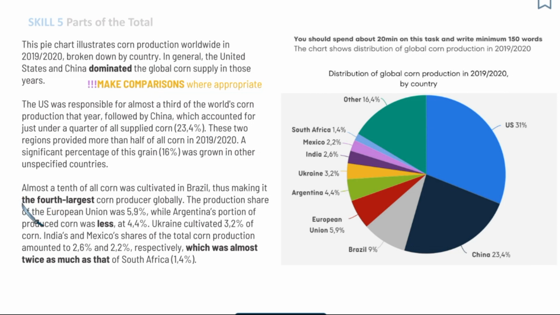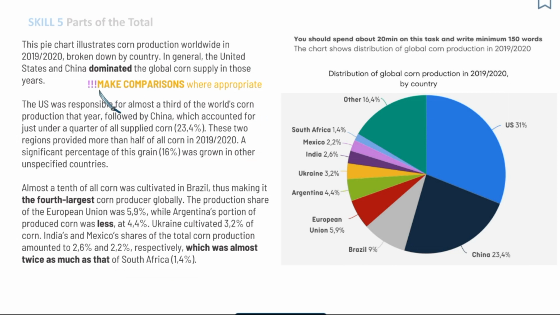I have also used one of the ranking tools, the 4th largest corn producer globally. I have used this little grammar structure, the comparative degree, less, and which was almost twice as much as that. We have also talked about it when we were talking about how to make comparisons.